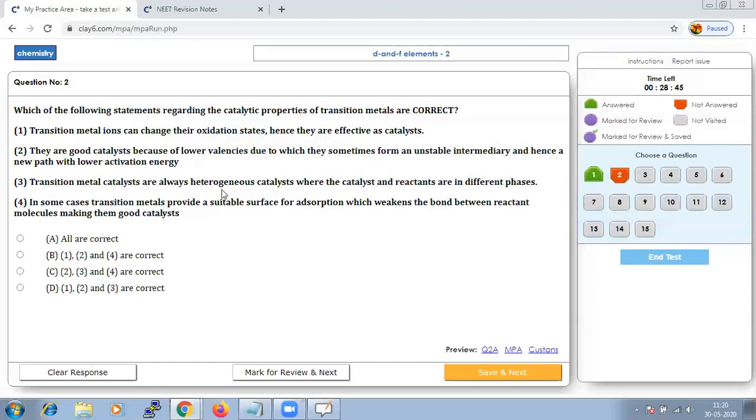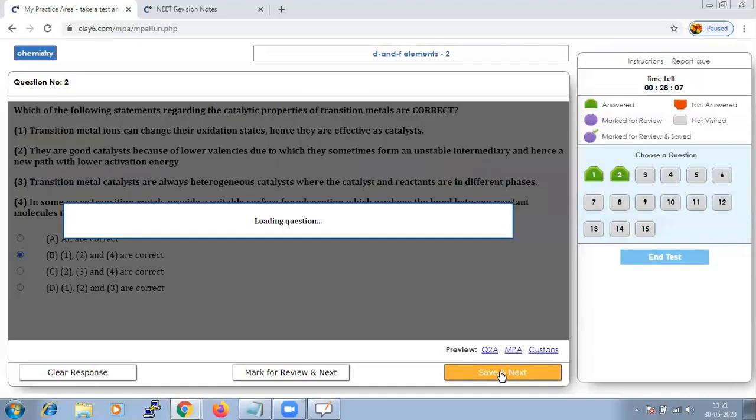Transition metal catalysts are always heterogeneous catalysts, where the catalyst and reactants are in different phases. That is not correct, because there are certain homogeneous catalysts also. So our third option is wrong. In some cases, transition metals provide a suitable surface for adsorption, which weakens the bond between reactants. That is correct. So 1, 2, and 4 are correct, which means option B is correct. Let us save that and go to the next.